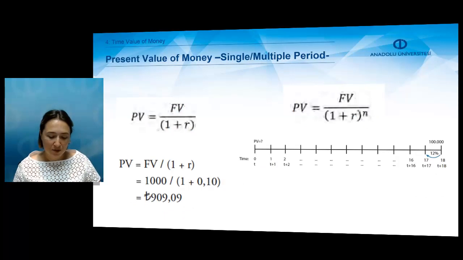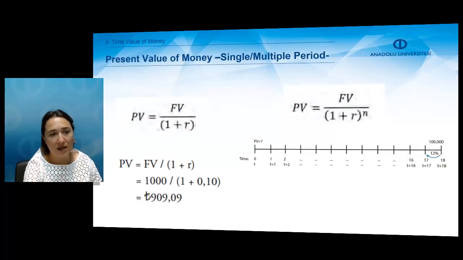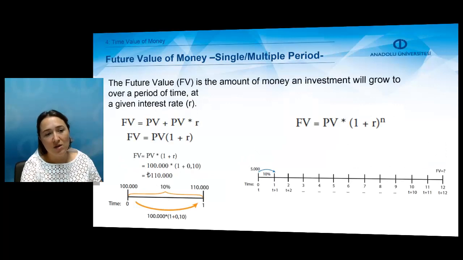Future value and present value are two concepts that depend on each other. Present value, if we have just one period, we divide future value by 1 plus R. So the equation in the first slide and the second slide actually are the same.